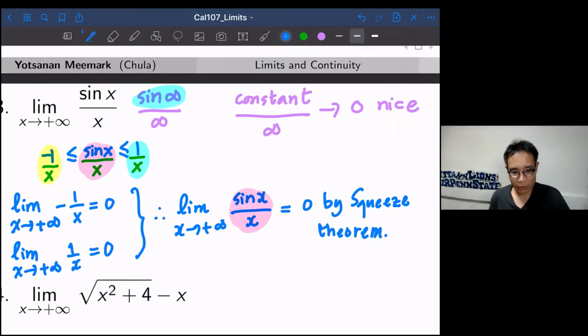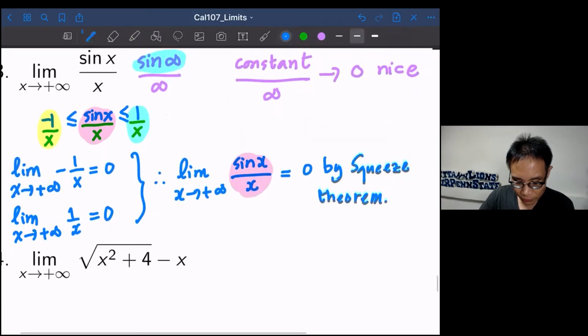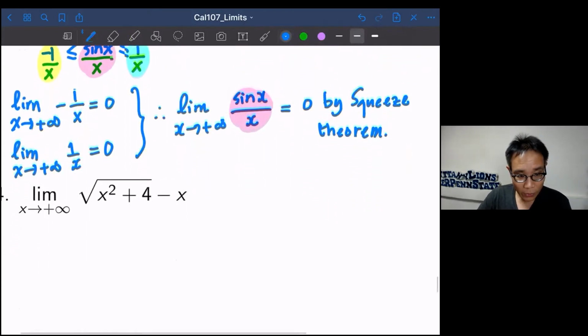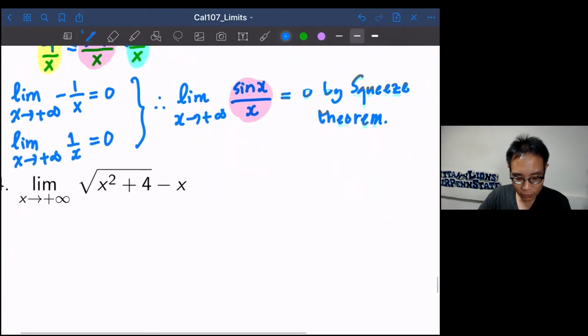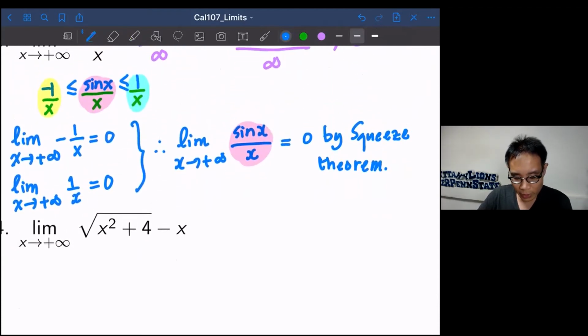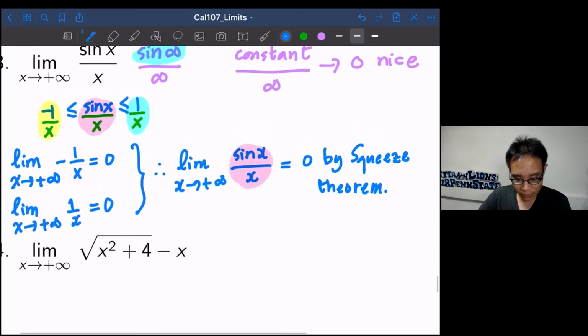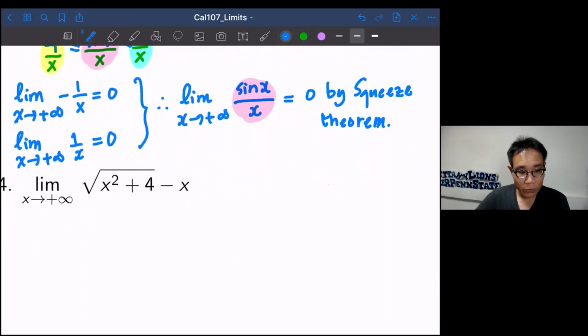Okay, so that's all. This one is not that difficult to do. Another one will be the limit as x goes to positive infinity of the square root of x squared plus 4, minus x. If you would like to compute this limit, you try to simplify it in order to obtain something over x.